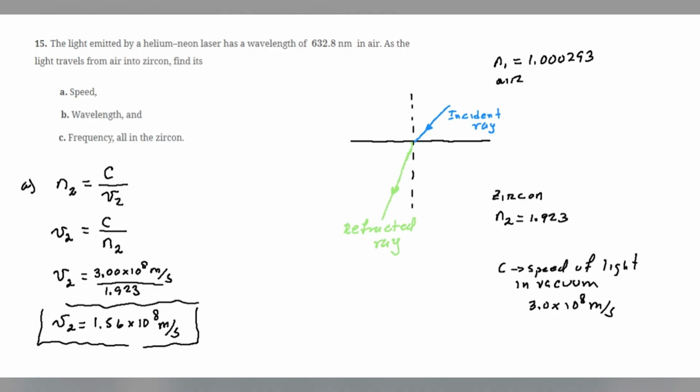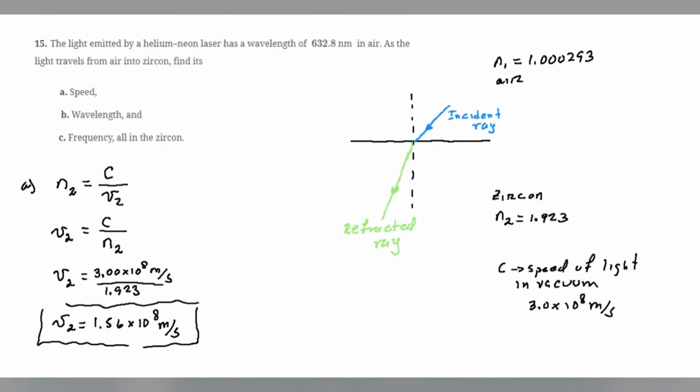The next thing we need to do is to find the wavelength. And in the previous exercise, I just showed you, and also in the lecture, the relation that exists between the wavelength and the index of refraction for the two mediums.